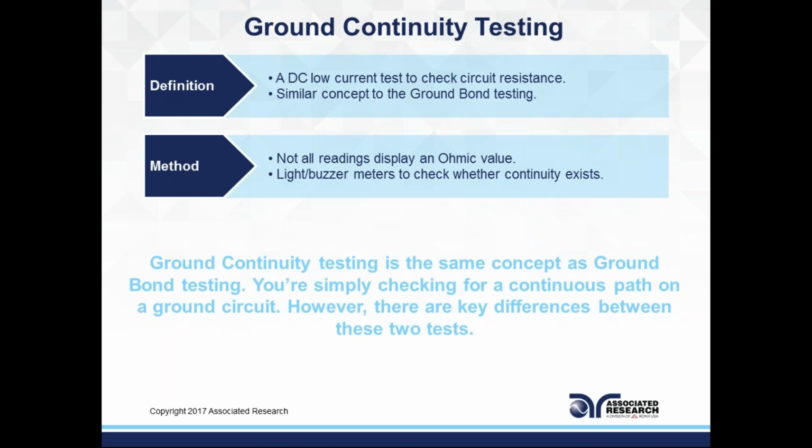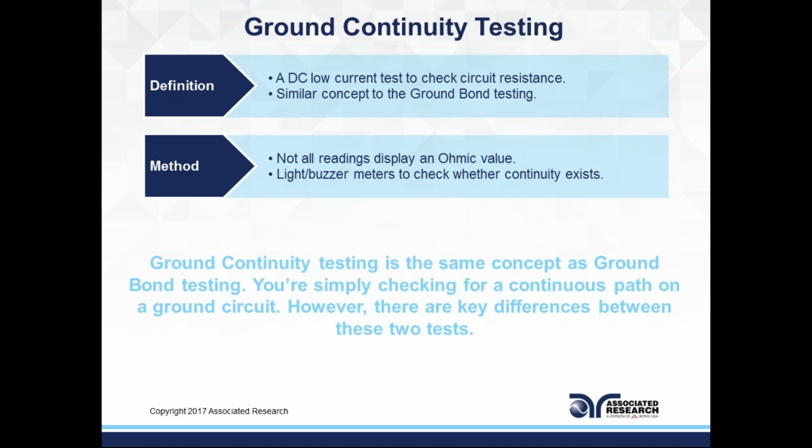Some of the standards just say a simple buzzer or a light that goes off is a clear indication of continuity. So there might be a continuous path, but you don't know if the guys in production are screwing in all the strands of the ground wire, or maybe only one strand of the ground wire is connected. In this case, you will get a good continuity reading, but if this product were to go out into the real world and any fault current were to happen, it would not be able to handle the fault current, and the circuit will break open the first time it tries to handle fault current.